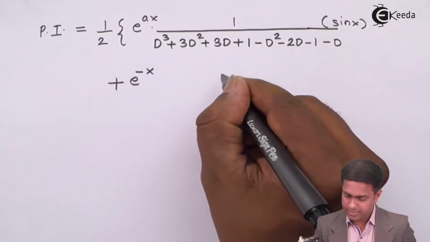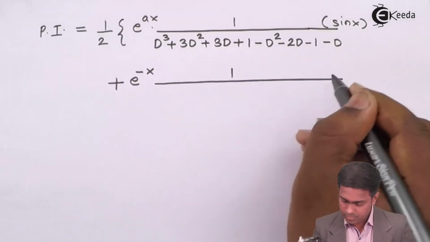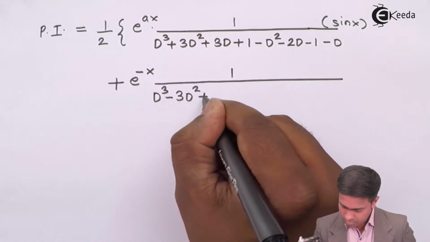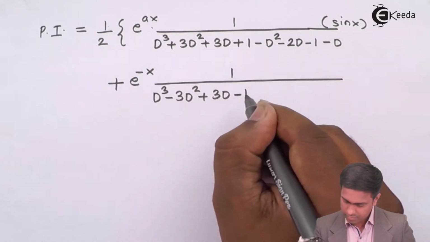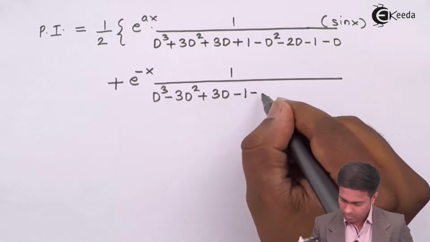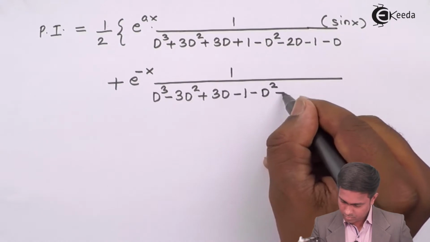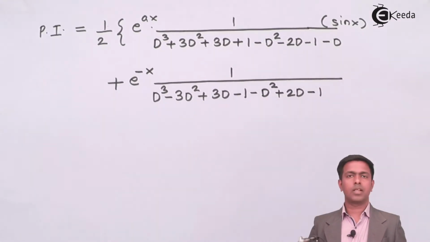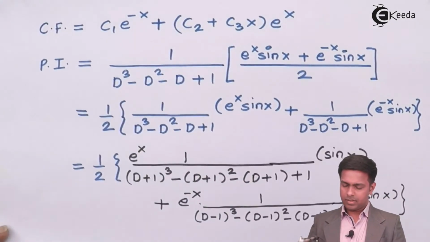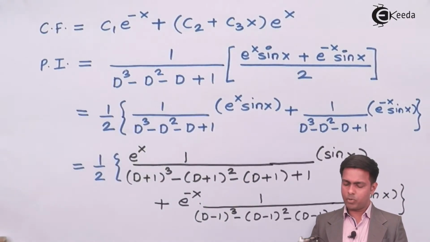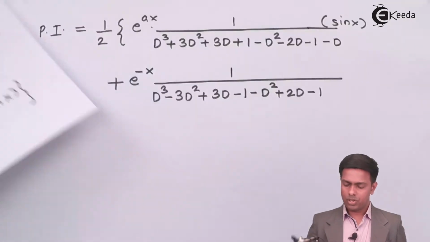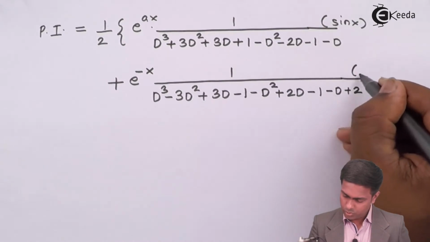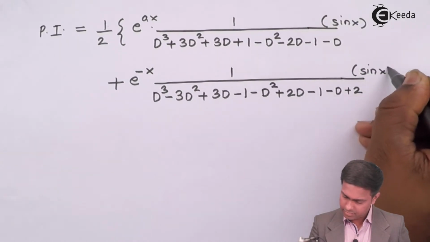So that will give us, next, this will be negative d, then positive 1 and 1 plus 1 is 2. So here minus d plus 2 into sine of x.